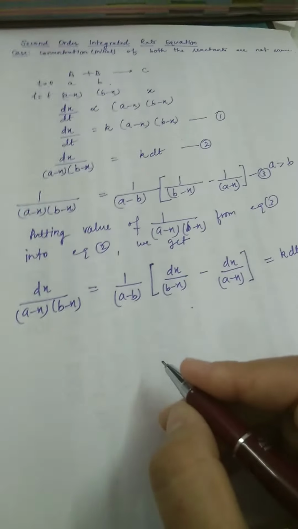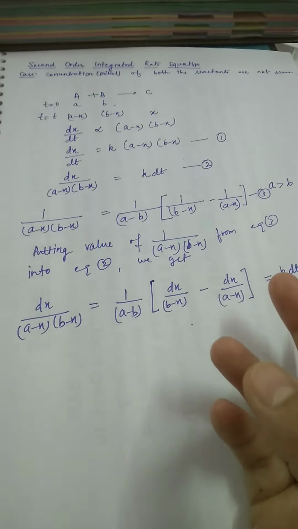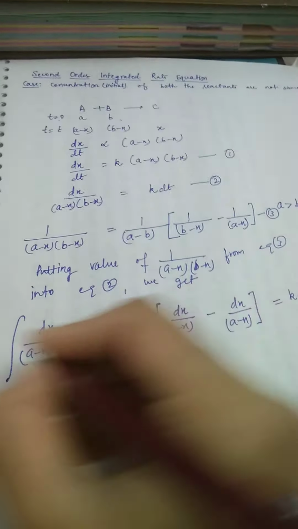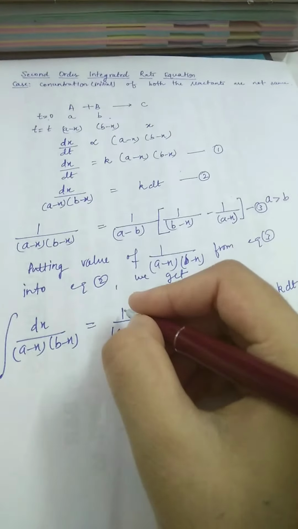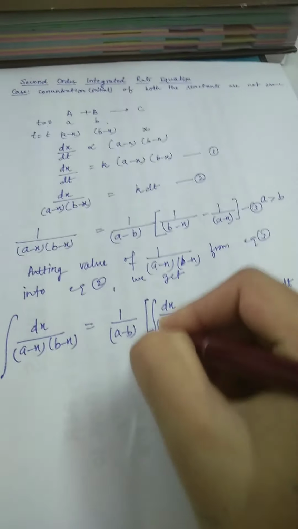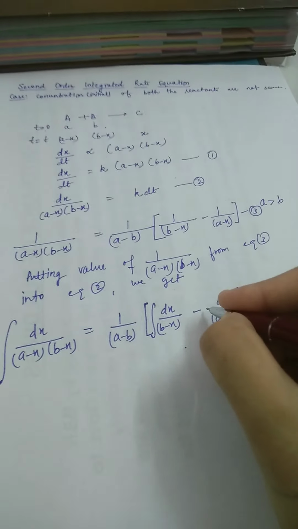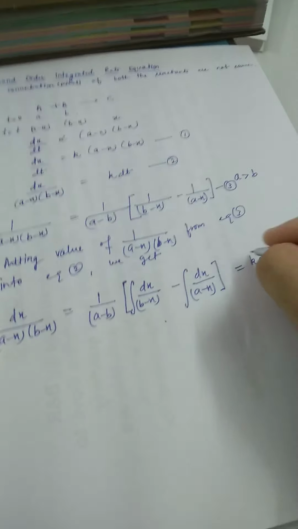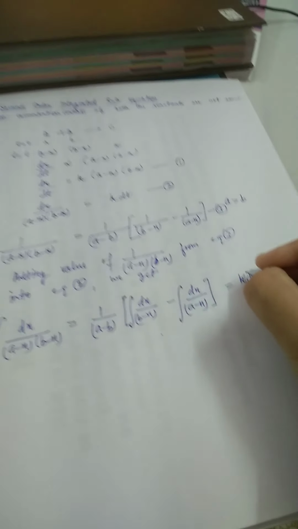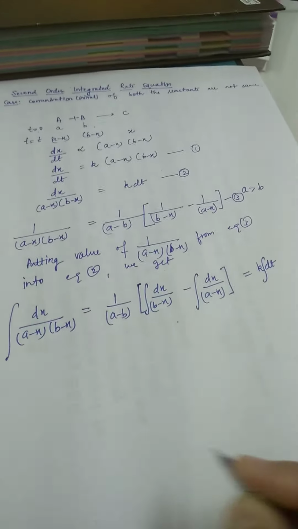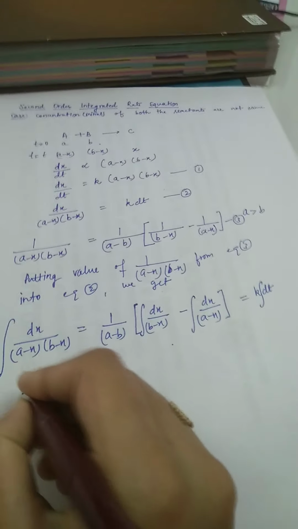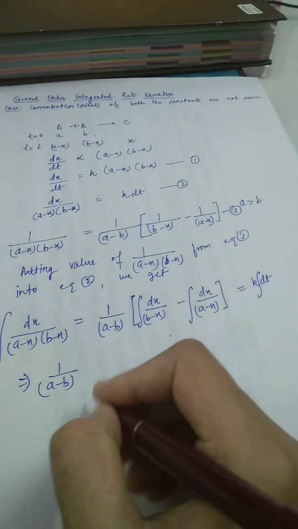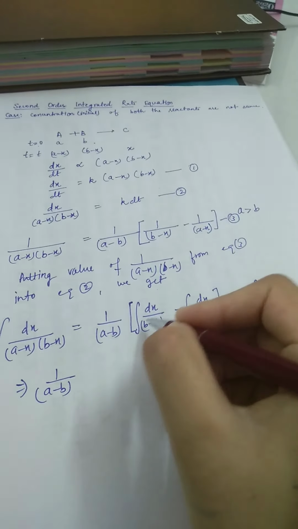To find the integrated rate equation, we have to integrate it. The constant term remains as it is: integration of dx upon (b minus x) minus integration of dx by (a minus x) equal to K dt. Here K is constant, so it will be integration of dt only. So this becomes 1 upon (a minus b), the constant, times the integration of dx by (b minus x).